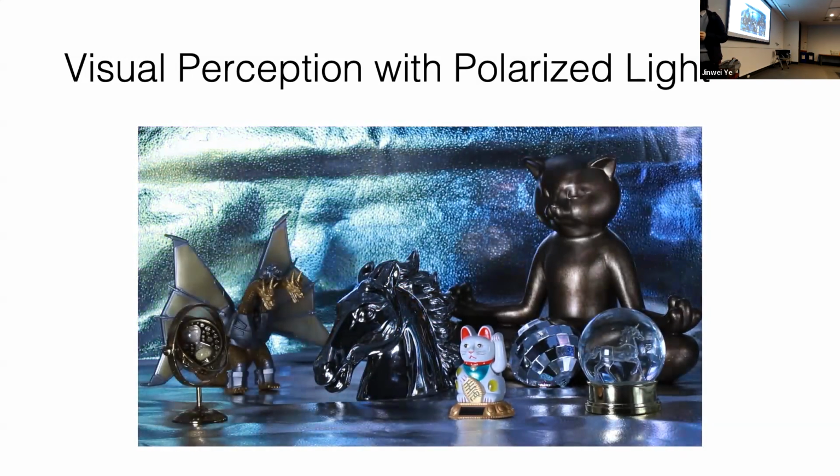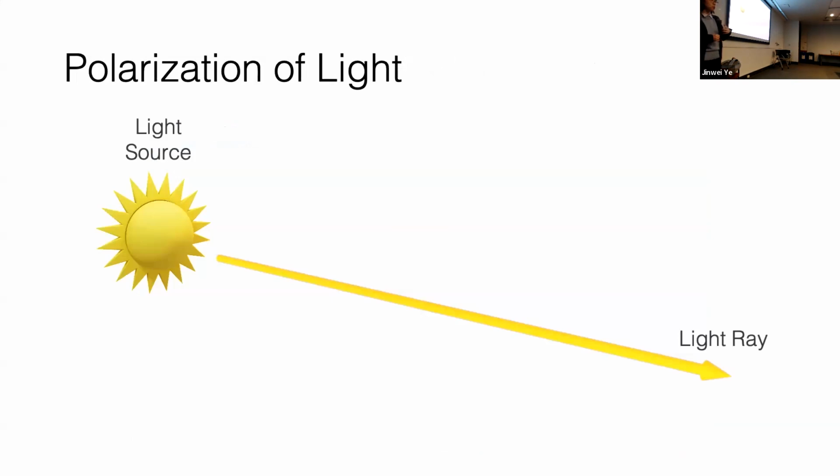In this talk, I'll talk about how to do that kind of interpretation, especially on the geometric side. Before we go any further, I would like to give you some background on the polarization of light, just in case what you learned about polarization in your high school physics is left behind.